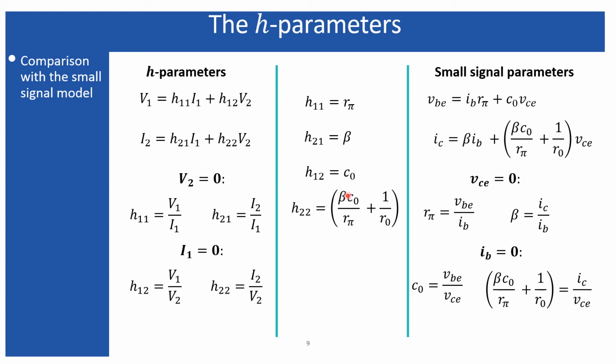So you consider C naught equal to 0, whereas you do not consider R naught equal to infinity, because at the output side the early effect is much more prominent than at the input side. If you consider C naught equal to 0, H22 is simply the inverse of the output impedance, which is R naught.